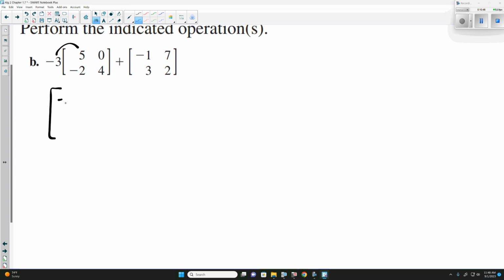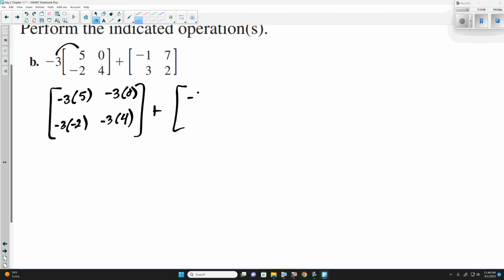So the first thing we can do here is multiply this first matrix by -3. And then once we finish that, we will add its result to our other matrix.